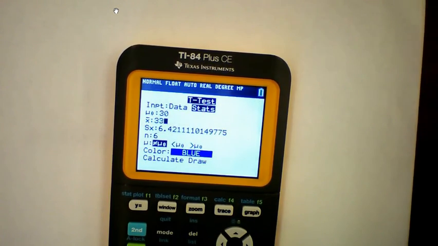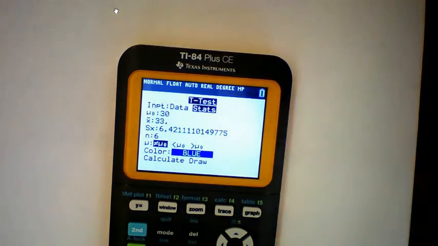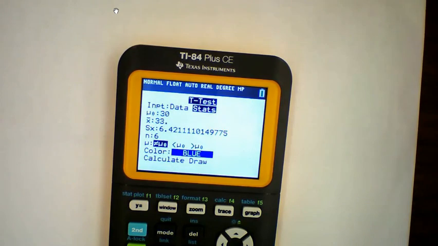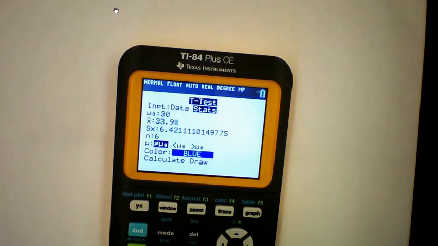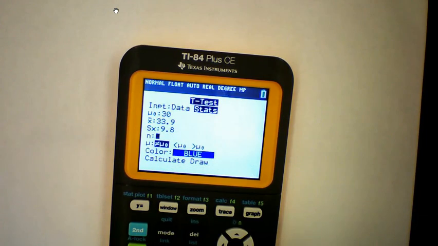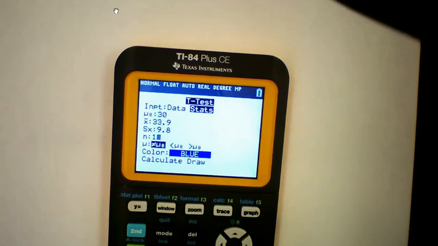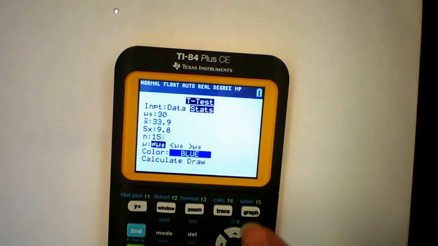My x-bar was 33.9. My standard deviation was, and you put in the original one that you got, because now I'm putting in the sample size, so it's going to find the standard error for me.